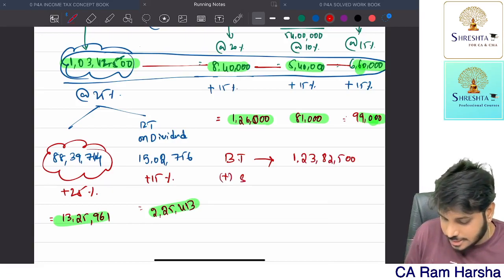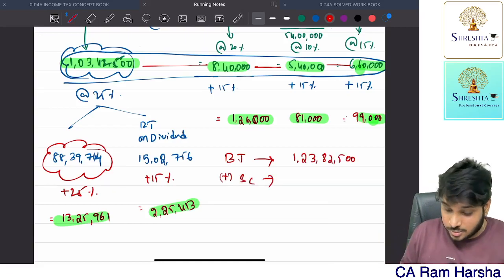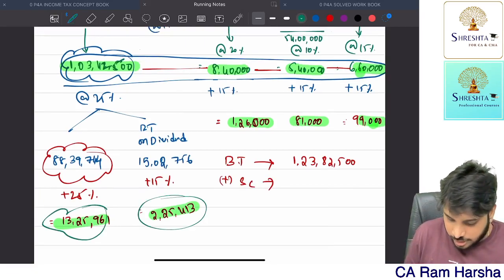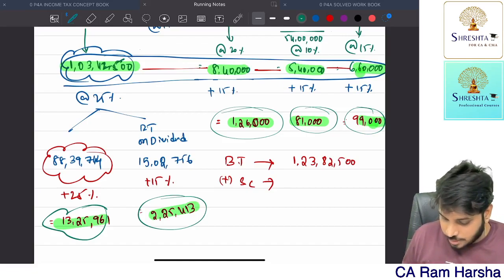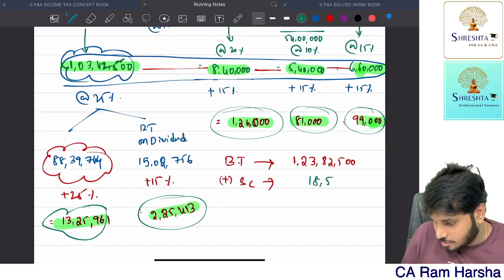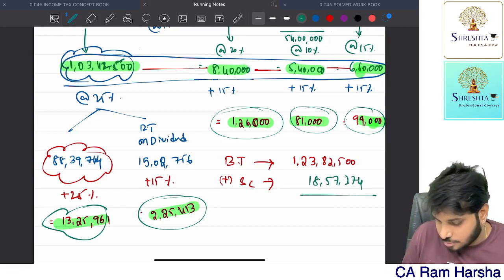Now what is the surcharge amount on that? We don't apply percentage; we calculate it separately. 13,25,961 plus 2,25,413 plus 1,26,000 plus 81,000 plus 99,000 is equal to 18,57,374. Now this is the subtotal. What is the subtotal?